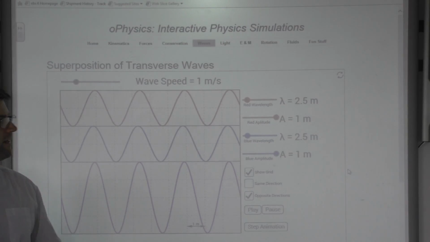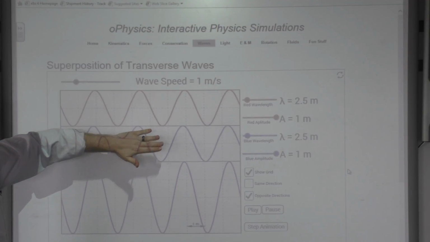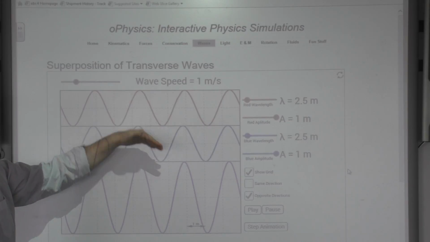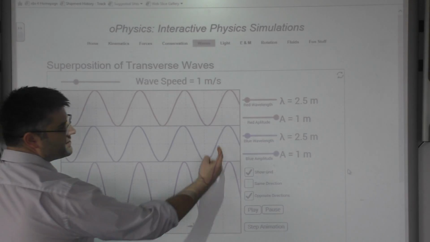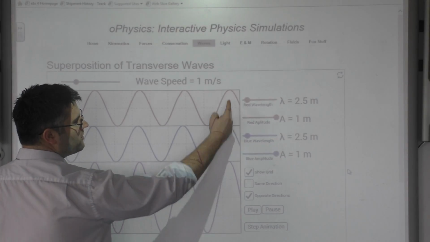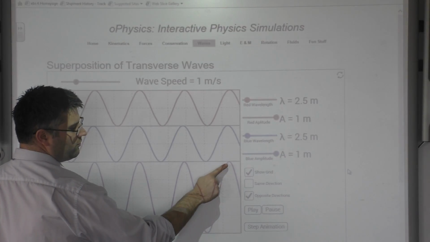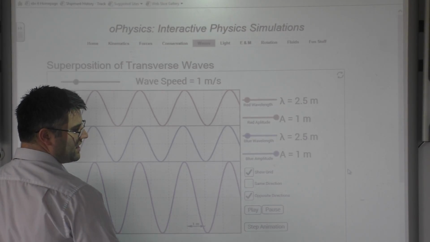So let's look at a more overarching kind of animation that shows us everything that's going on here. So what you can quite nicely see is I've got one entire wave here and I've got a second wave here. And these two are combining to create the wave at the bottom. So what we can see here is that we've got a matching up of a positive amplitude with a positive amplitude, and as a result we're getting an overall double the size amplitude.